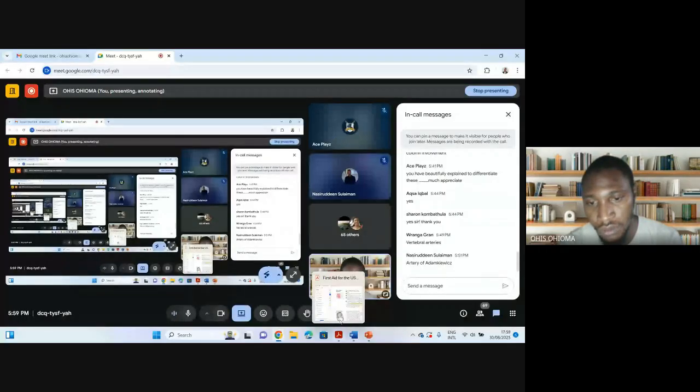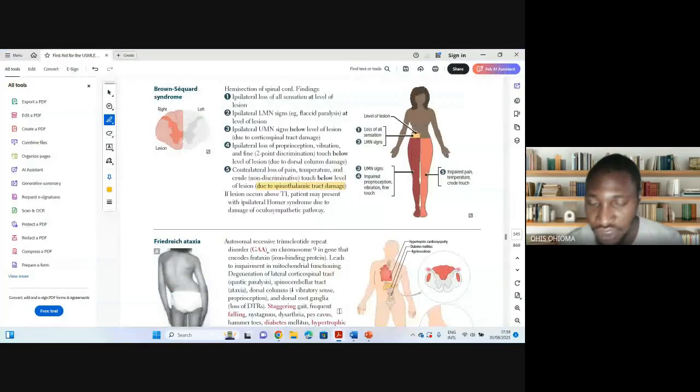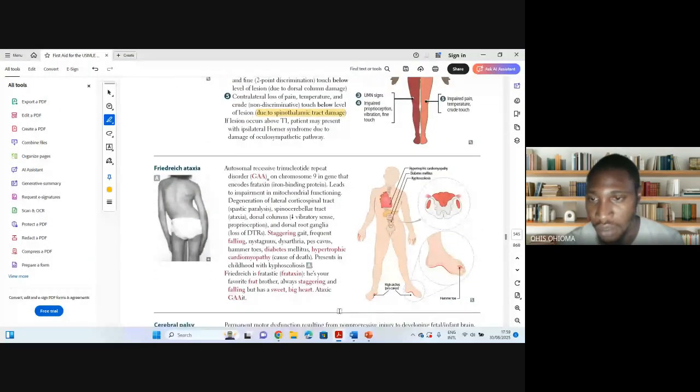So the last one we're going to talk about is Friedreich's ataxia. Friedreich's ataxia basically is almost the same. Okay, so let me write a formula for you.